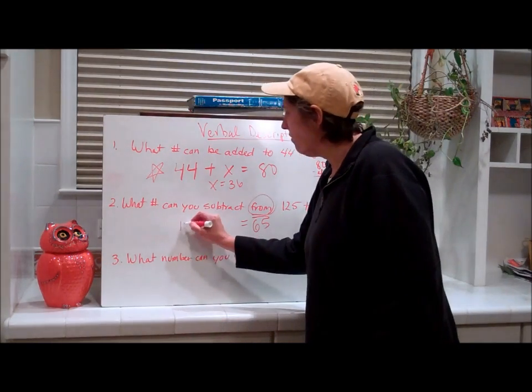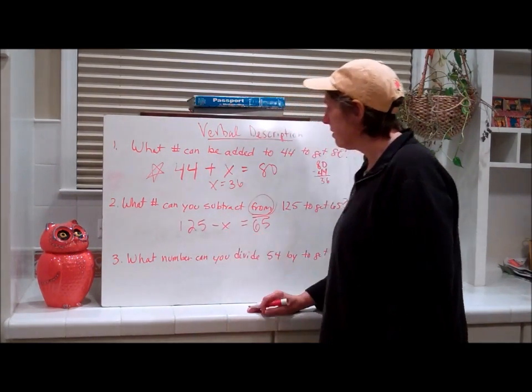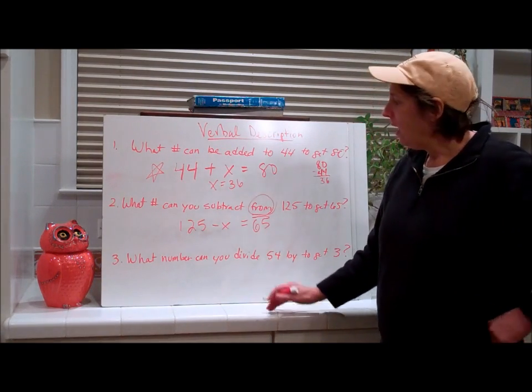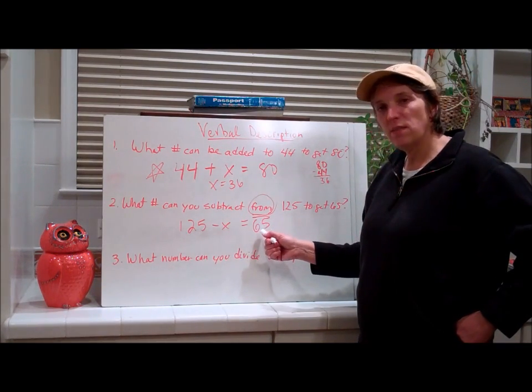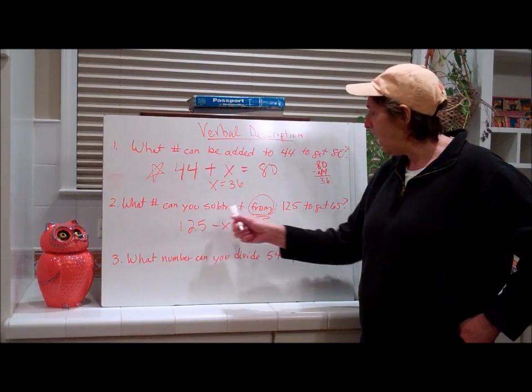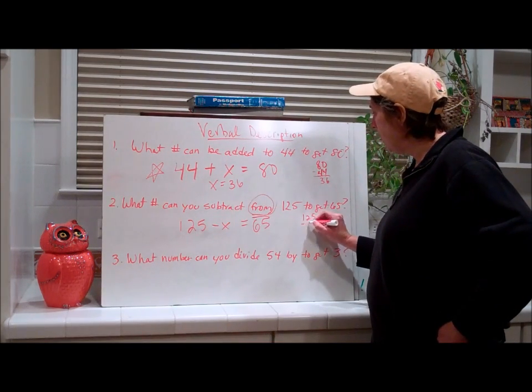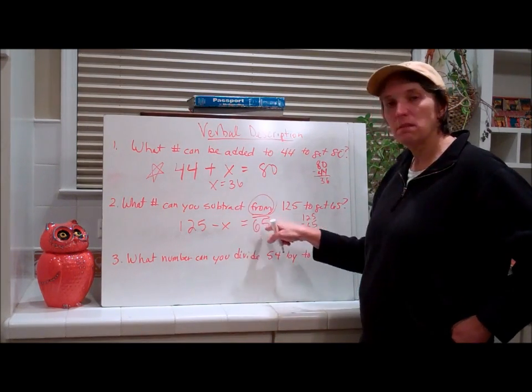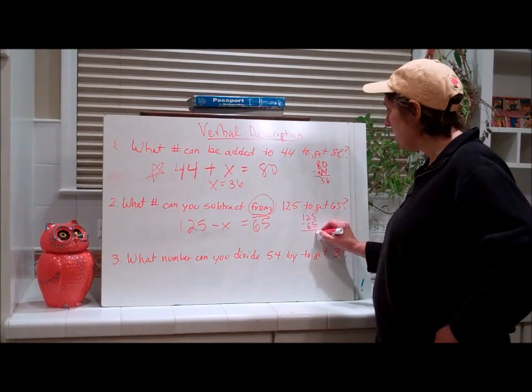So it's 125 minus x, equals 65. Now if I subtract x to get 65, then can't I go 125 minus 65 to see what x is? Yeah, over here on the side.